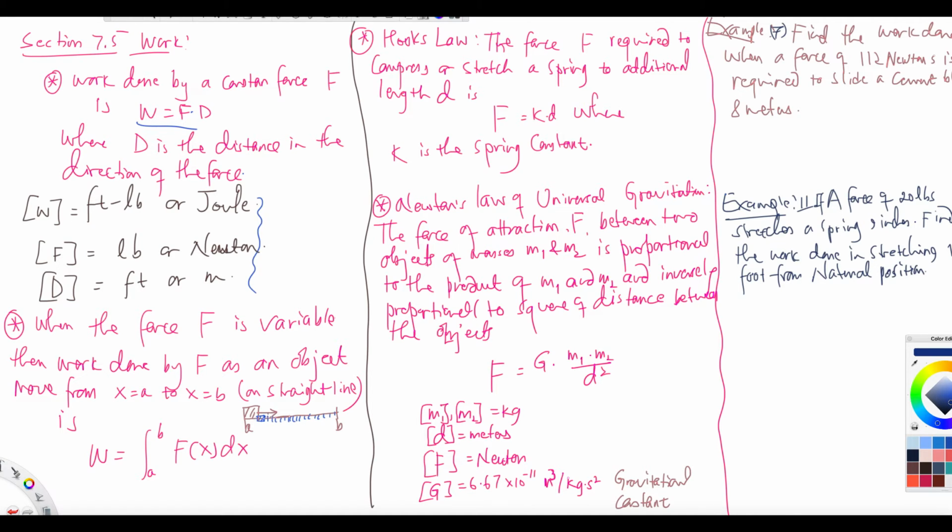Then you add the total work done at each of those pieces. If you make those pieces tiny, very small, the summation tends to an integral. So the total work done will be the integral from a to b of F of x dx.